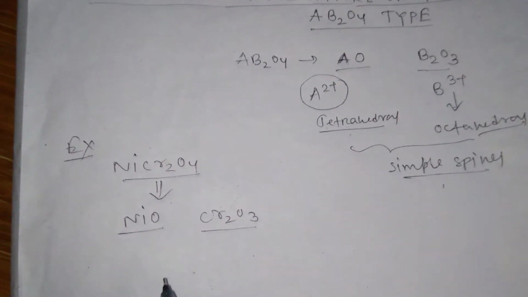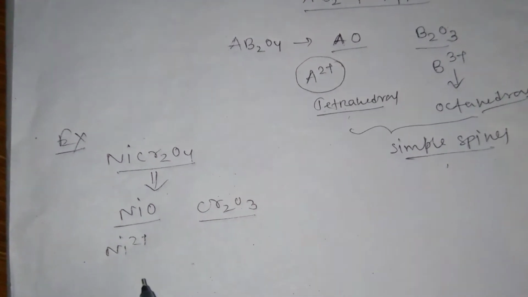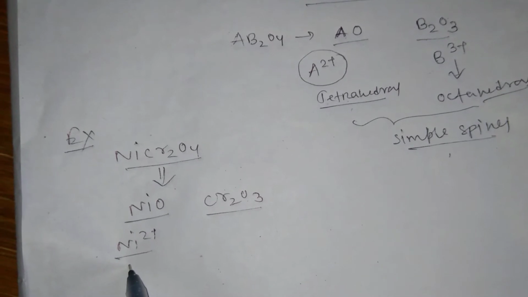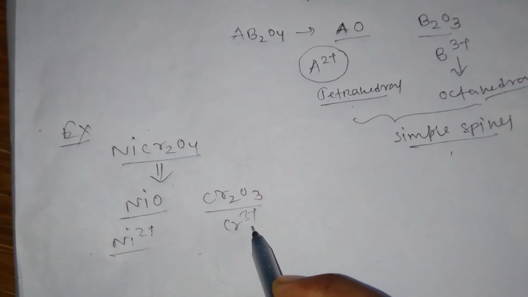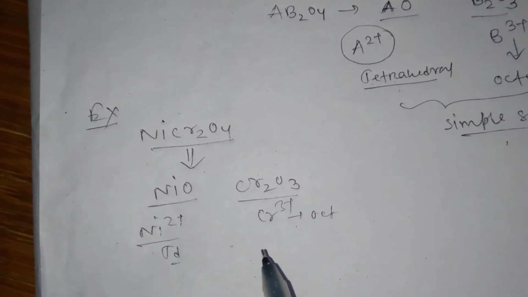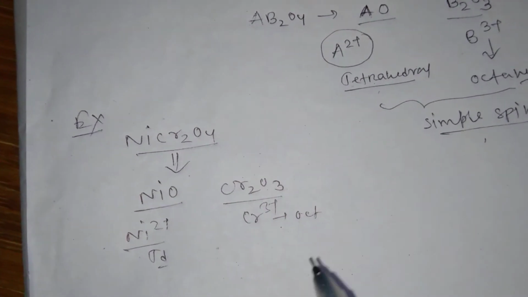Okay, now we know that if Ni2+ exists in tetrahedral holes, and also Cr3+ exists in octahedral holes, then we call this complex a normal spinel.